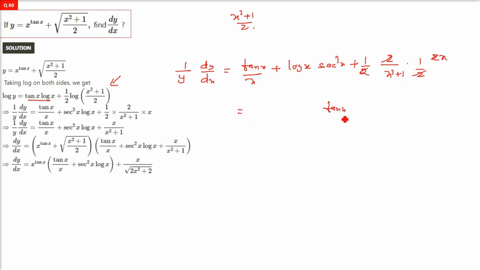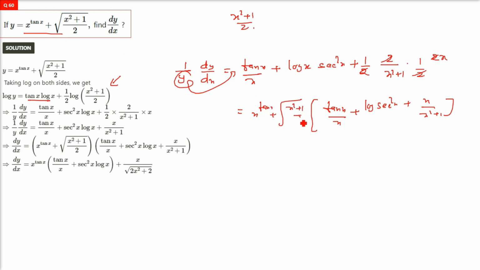We have, so I'm just writing in short, 10x by x plus log x sec square x plus x by x square plus 1. Now this y will go on the right and this y is this whole term. So I'm just writing it x by x to the power 10x plus under root x square plus 1 by 2.